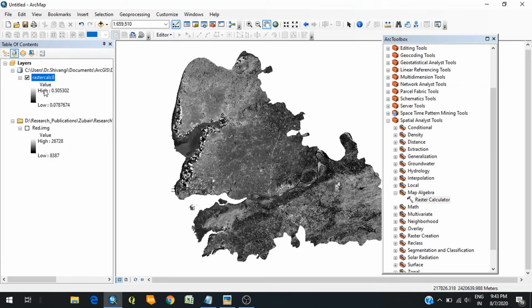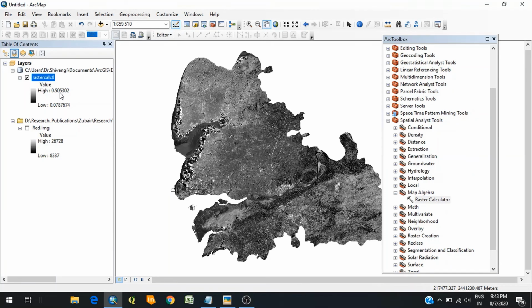So here you have converted the DN values into reflectance values, and as you can see the lowest value of the reflectance is 0.07, which means 7%, and the highest is 0.50, which means approximately 50%.